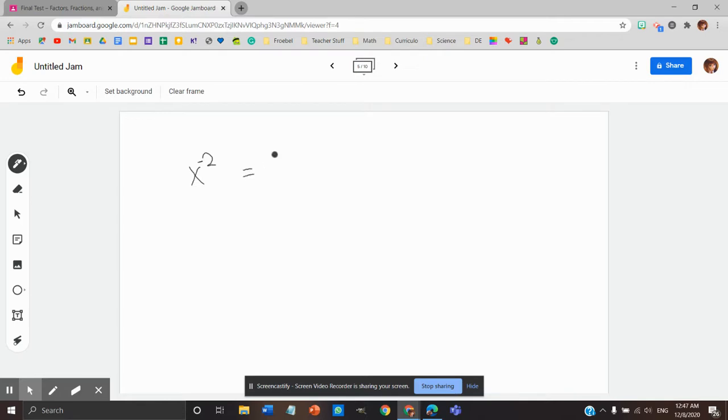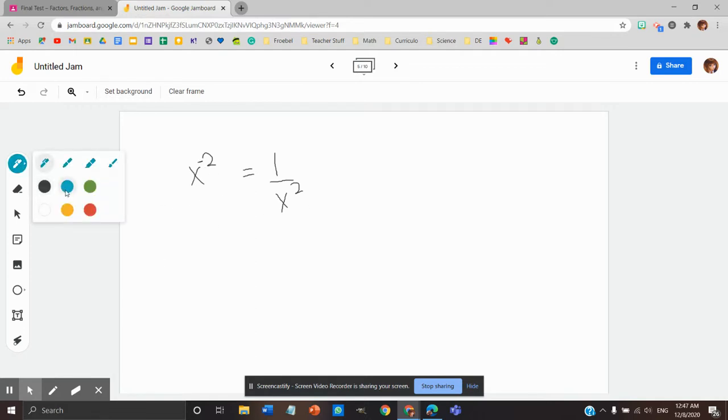Well, the rule says that all I have to do is put a 1 over it, and therefore my base is going to stay the same, but my exponent is going to change from a negative to a positive. That's all you have to do, and that is how I change from a negative to a positive.